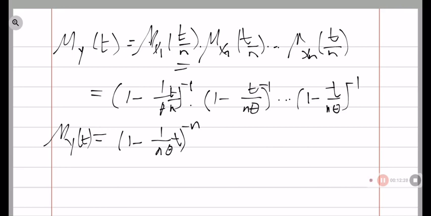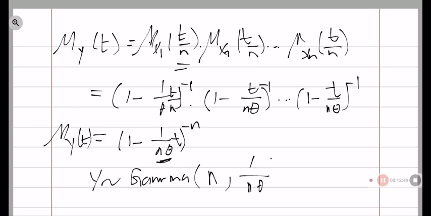That means we can conclude from this moment generating function that y is gamma with shape parameter n and scale parameter 1 over n theta.